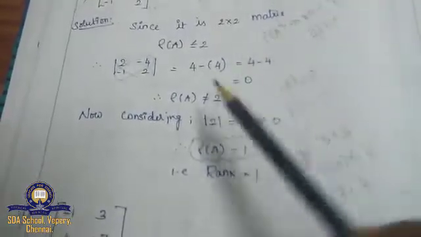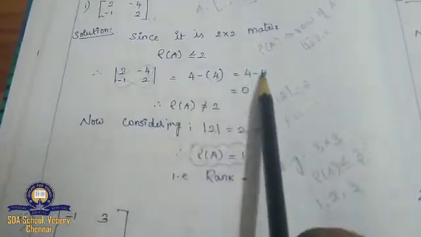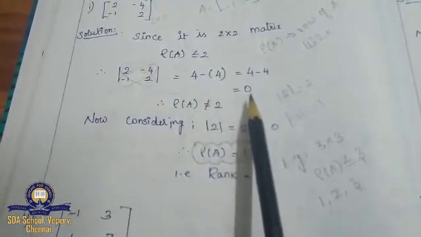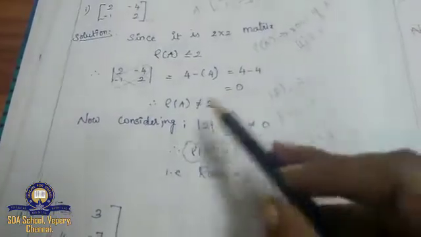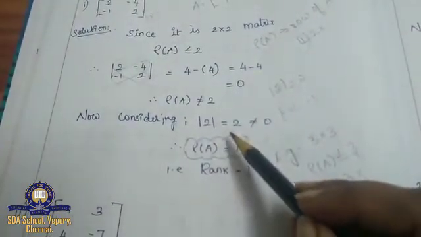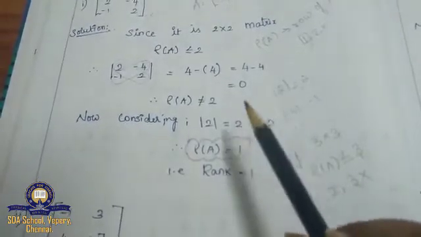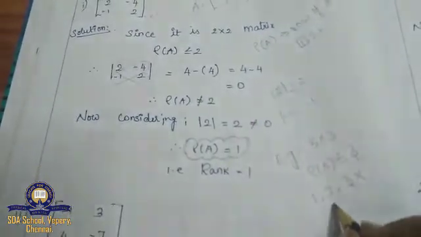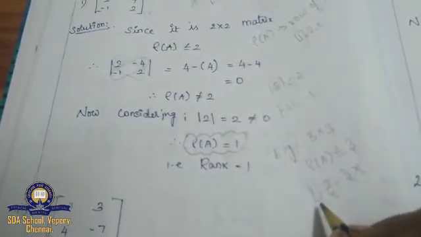The same thing: first you need to find the determinant value. In the first case, if you got the answer as 0, then 3 is not your rank. After that you need to take another determinant value, and by doing that, again if your answer is 0, then your rank is not 2. So the last possibility is 1.